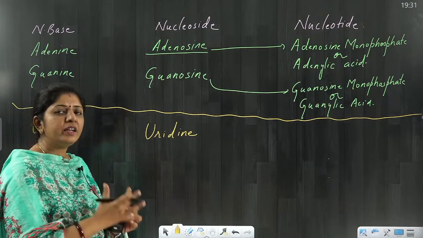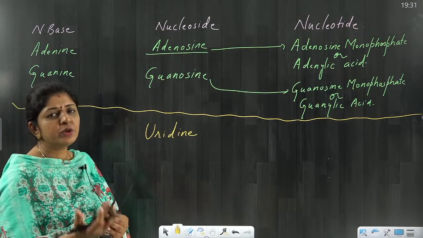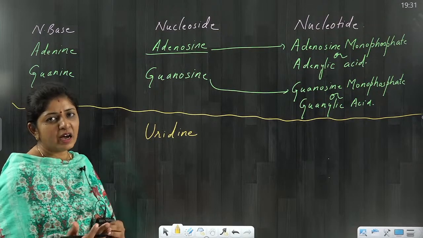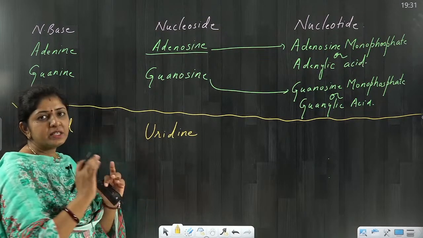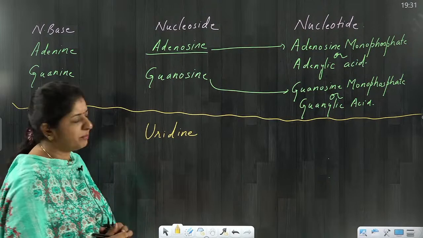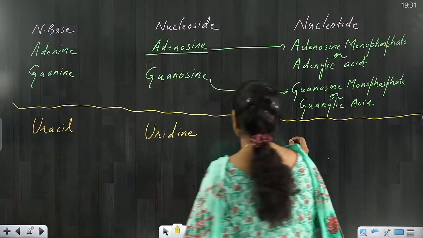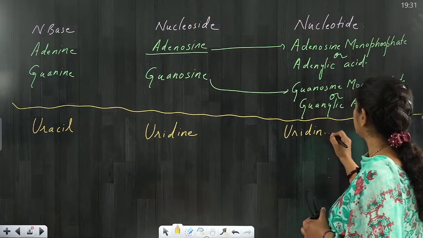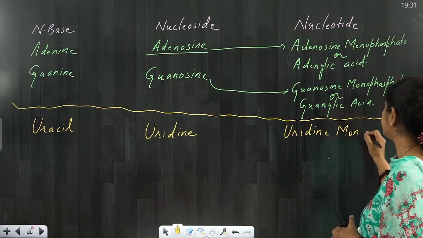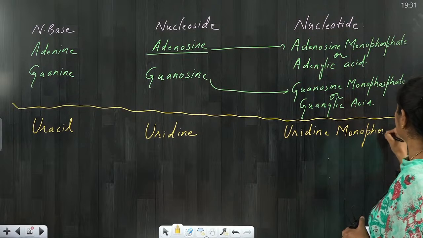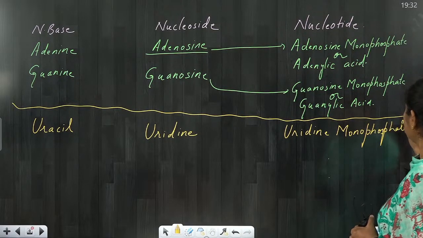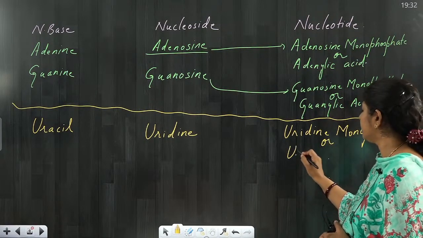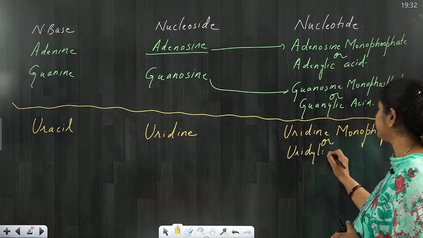You need not write deoxy because it is understood it is in DNA, not in RNA. So uridine, I repeat, is in RNA, not in DNA. Now coming to its nucleotide, it is uridine monophosphate, or even you call it uridylic acid.